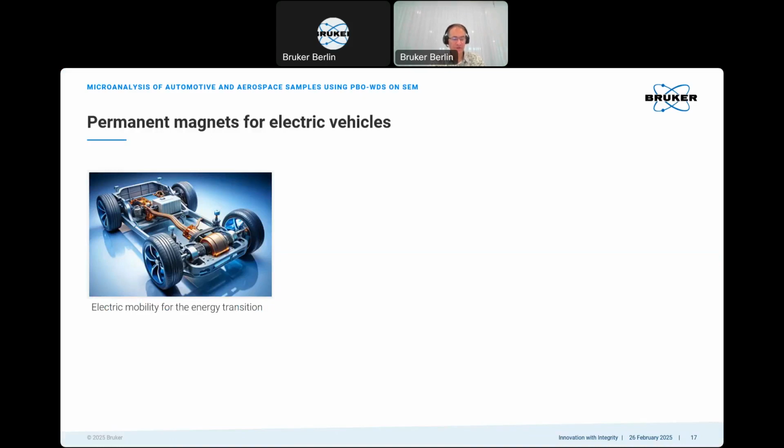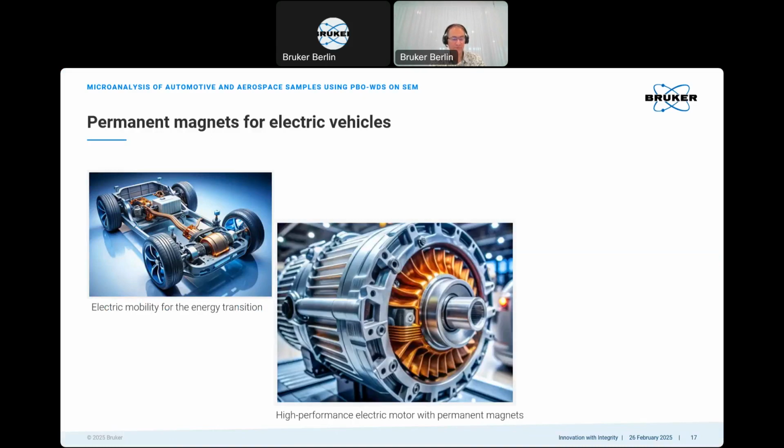A substantial expansion for electromobility is necessary for the energy transition and the achievement of climate targets. High performance electric motors rely on the use of permanent magnets, which are more efficient than electromagnets. They also require less maintenance and allow for a more compact motor design.